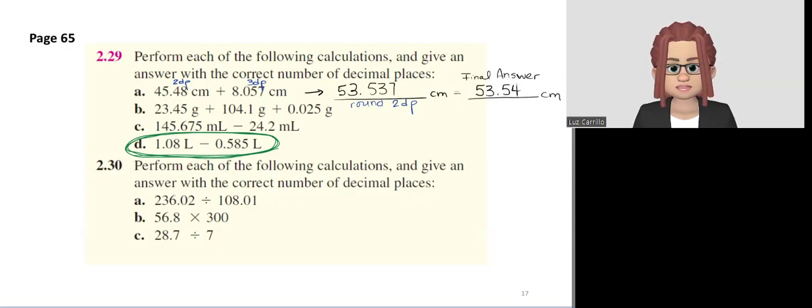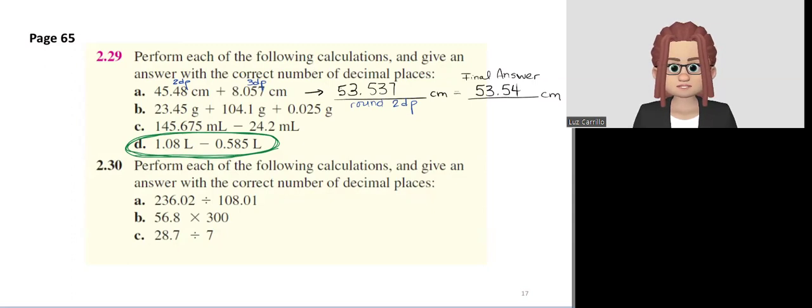Let's now practice with the problems of 2.30. In 2.30, it says, perform each of the calculations and give an answer with the correct number of decimal places.